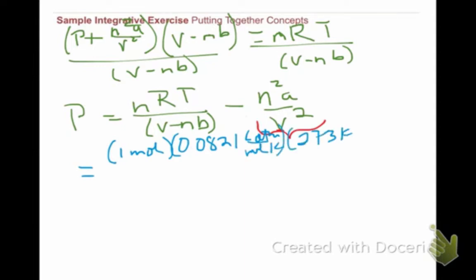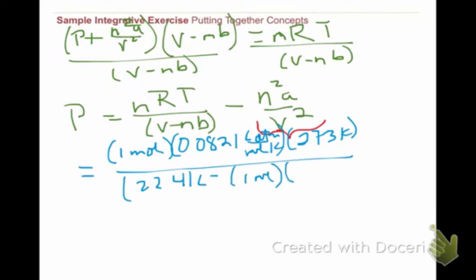We were at 0 degrees, so 273 Kelvin, over 22.41 liters minus 1 mole times b for chlorine, which is 0.0562 liters per mole.